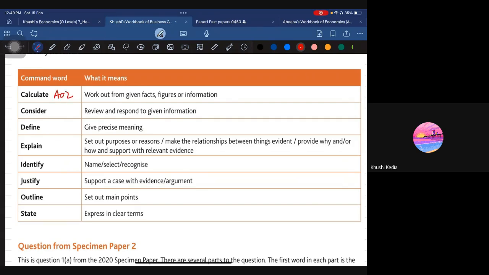Consider. Can it be evaluation? Usually, when you are writing consider, they could probably ask you in a 12 marker to consider this point.